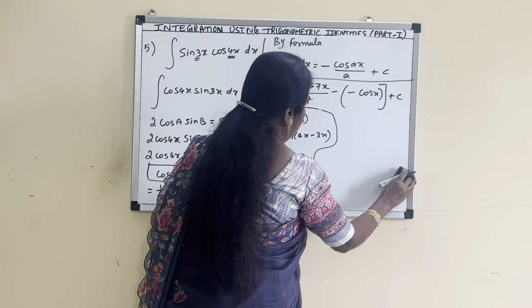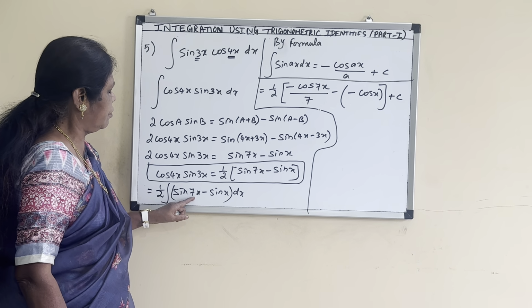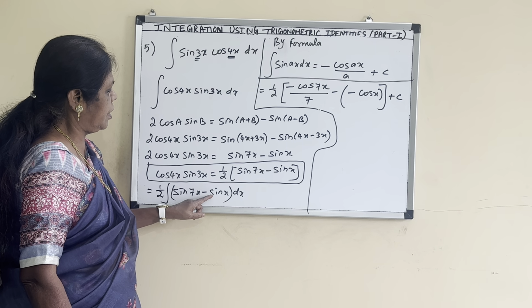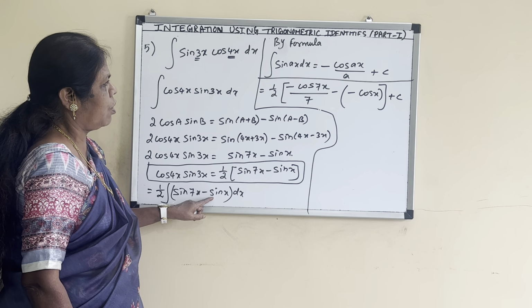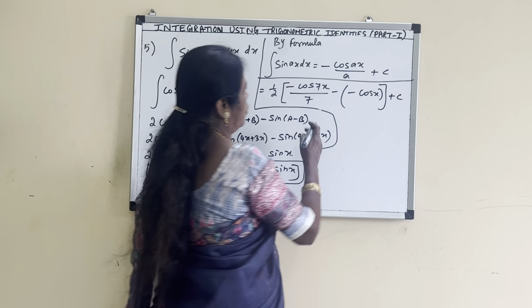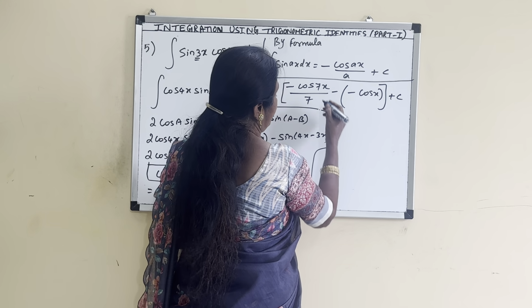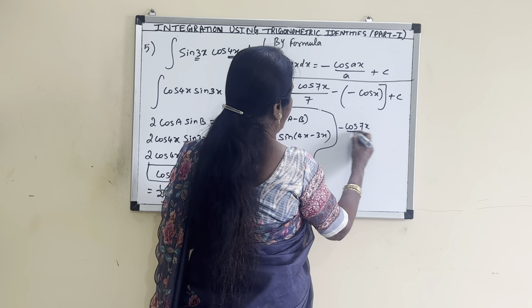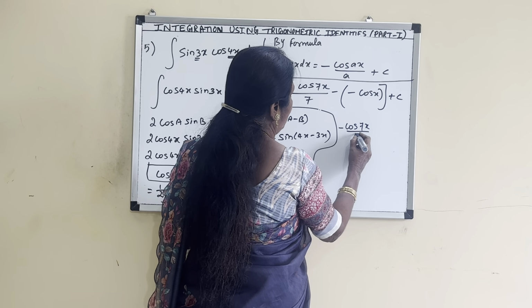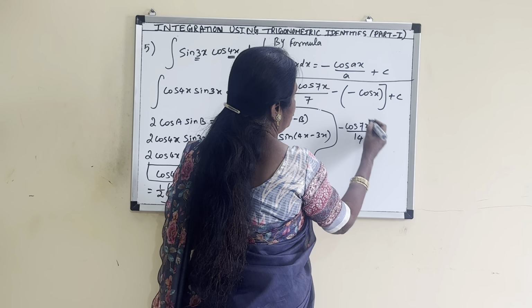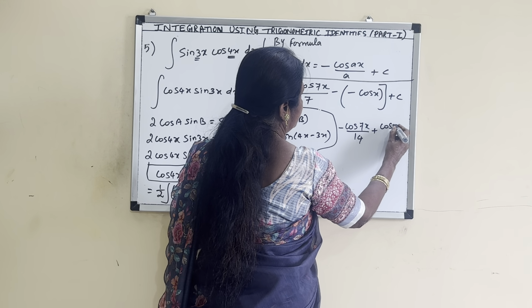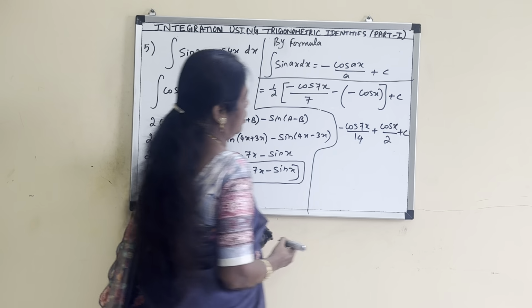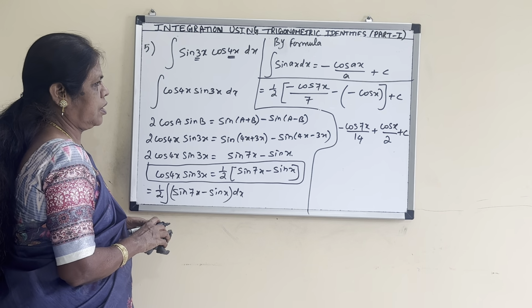So integration of sin 7x is minus cos 7x by 7, minus integration of sin x, which is minus cos x. If you simplify and multiply, that is minus cos 7x by 2 into 7 is 14, then minus into minus gives plus cos x by 2 plus c. So this is the answer for this question.